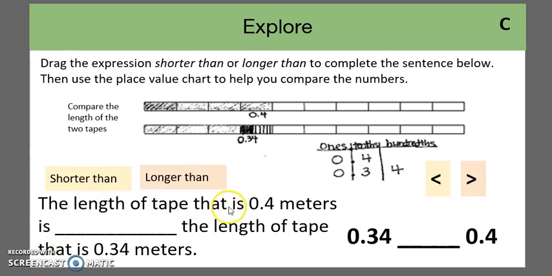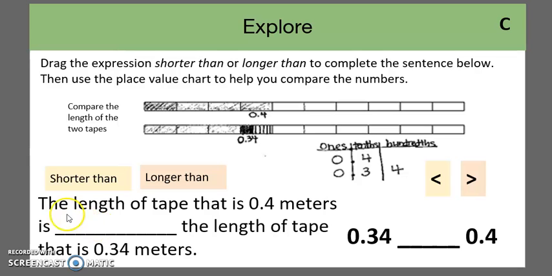The length of tape that is 0 and 4/10 meters is blank. The length of tape that is 0 and 34 hundredths meters. We also have the value quantity over here, and we have some potential options for putting the inequality symbols to make this true. So I want you to pause the video and think about what would go in these spaces that would make this correct. So again, pause the video and we will check to see what works.